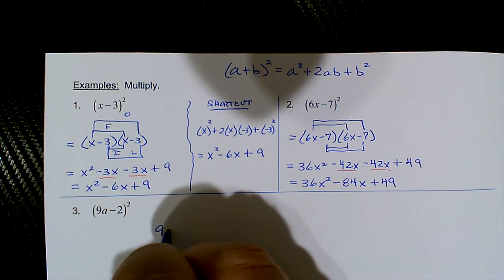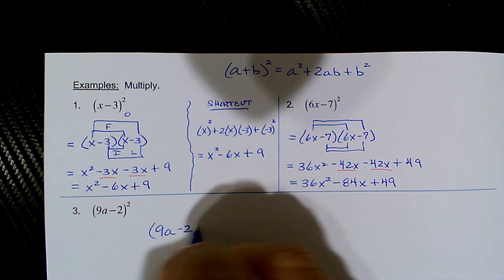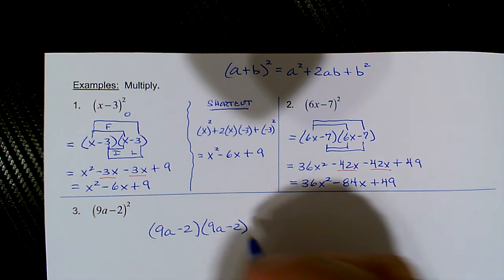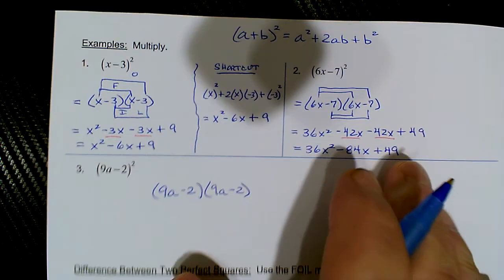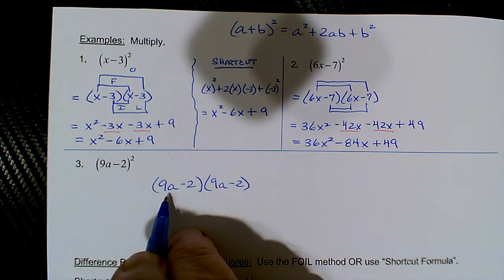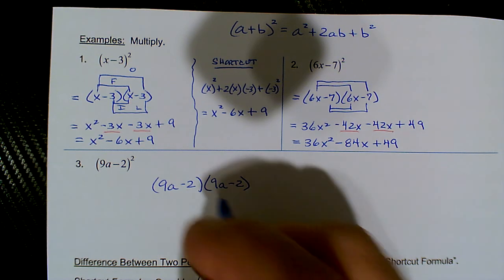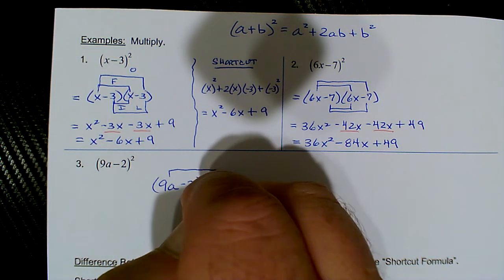But again, most people will just simply consider that binomial times itself. So anytime you see a binomial squared, just immediately react by rewriting it as that binomial times itself, and then go through the FOIL process.